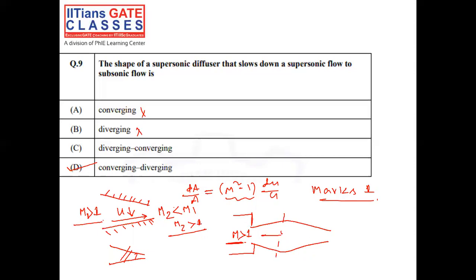And we would not get a subsonic velocity at the exit, so M will always be greater than 1 here. So this is the correct option, converging-divergent duct.